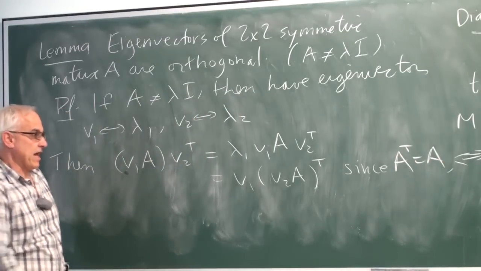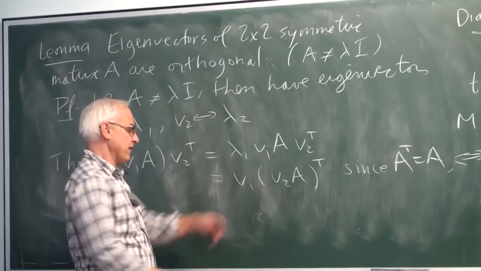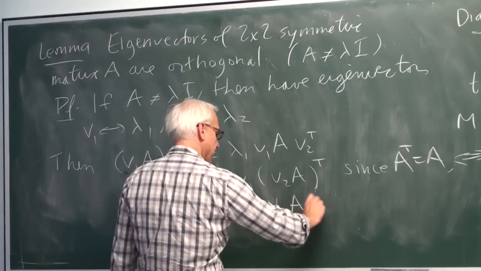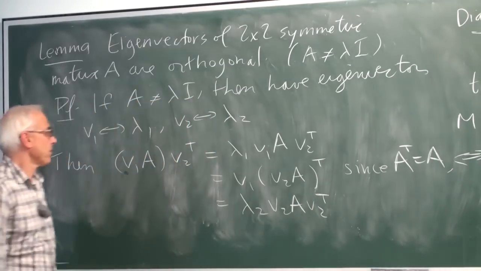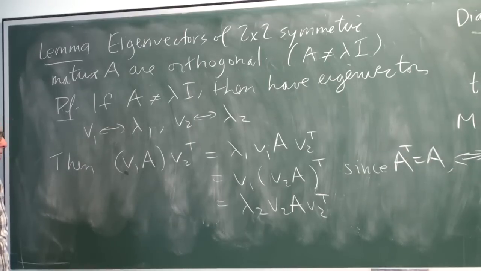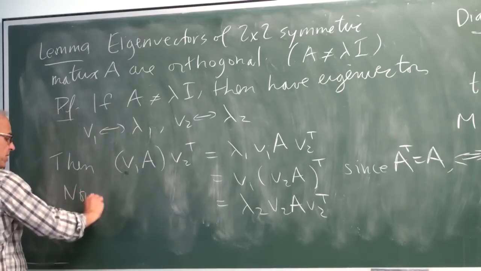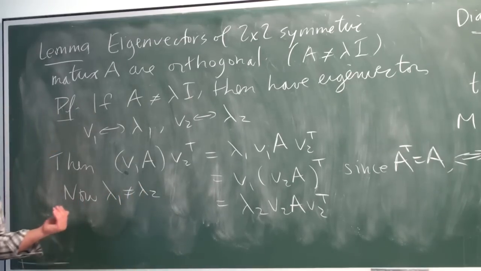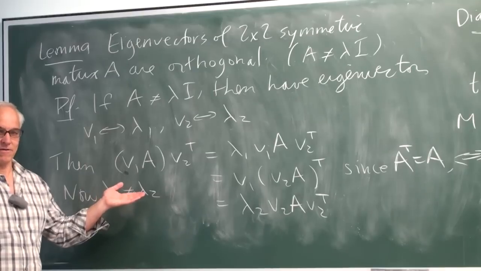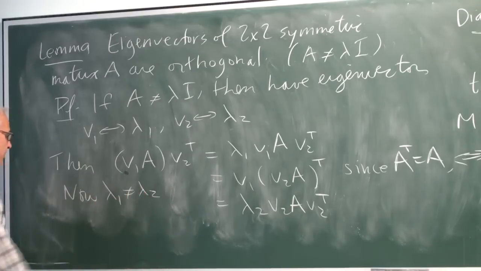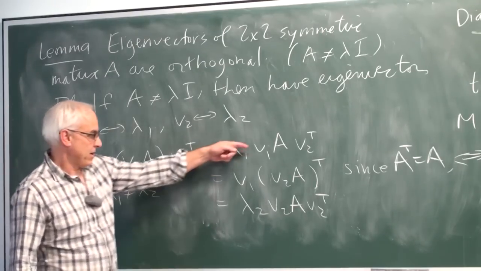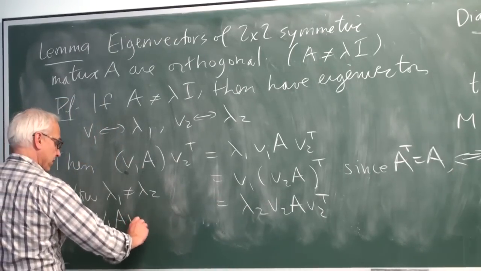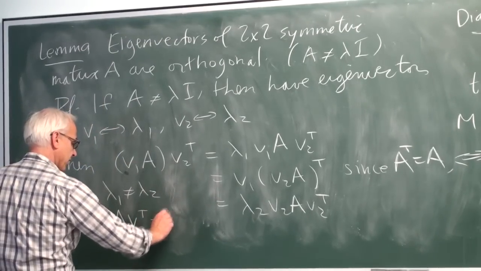And V2 times A is also an eigenvector corresponding to lambda 2. So this is lambda 2 times V1 A V2 transpose. And so now we're assuming that lambda 1 is not equal to lambda 2. That implies that this quantity here has to be 0.